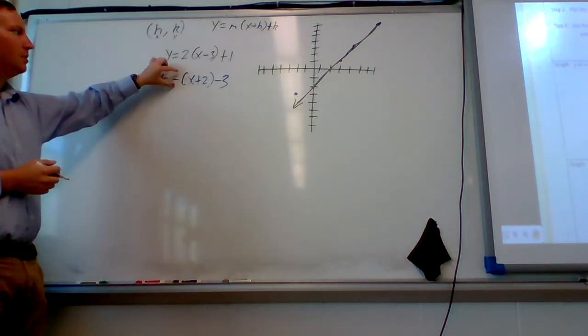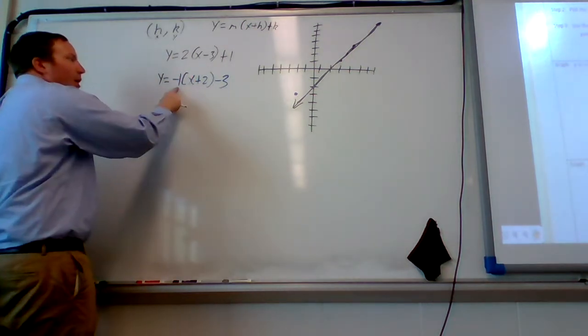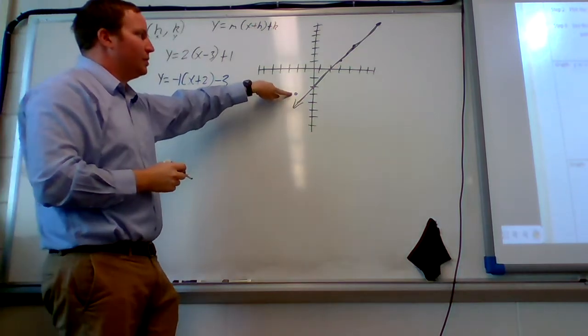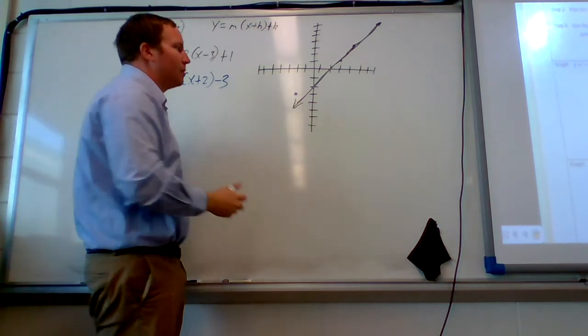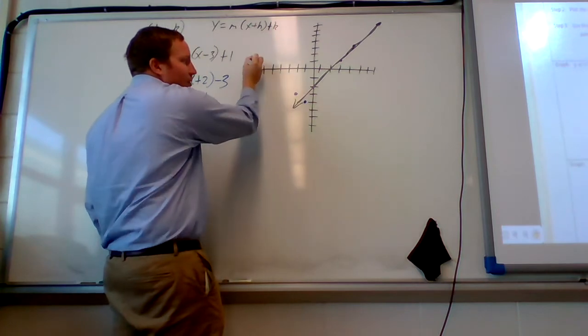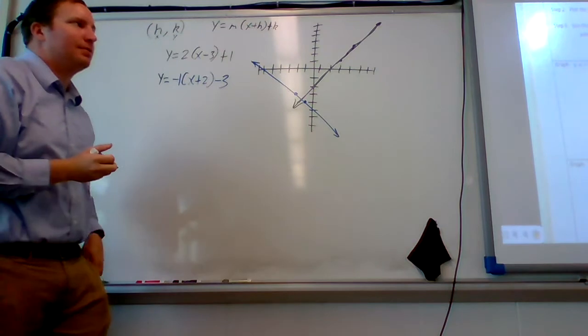Our slope, we have a negative. We don't have a value in front. We can think of that value in front as a 1. So we have negative 1. So from our point on the line, we're going to be going down 1, right 1. There's our 2 points. We can graph our line.